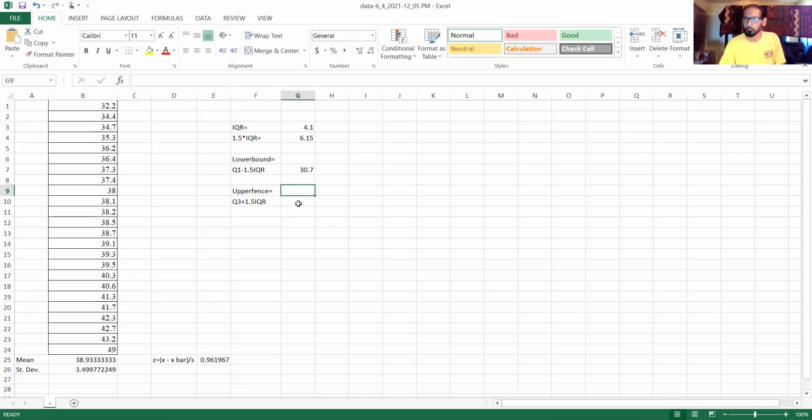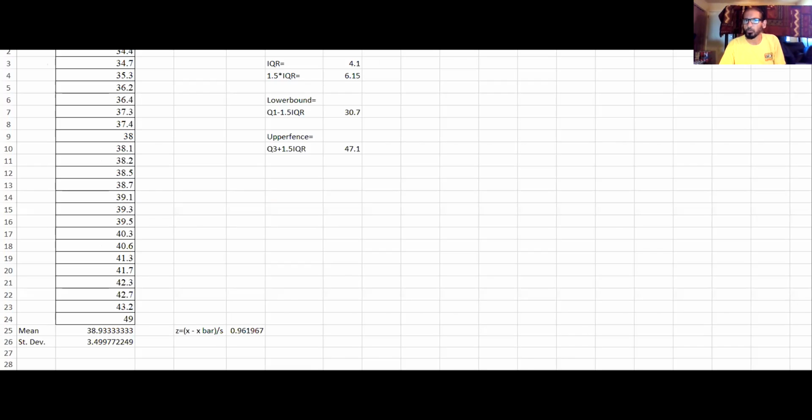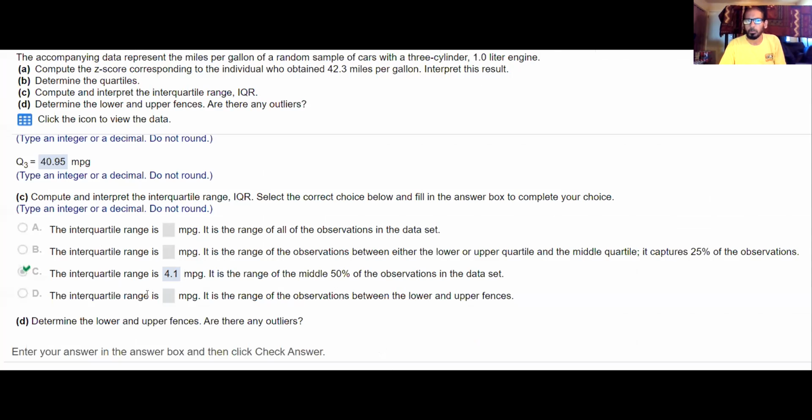So add 1.5 times the interquartile range, and we're getting 47.1. See if they like that answer. 47.1.